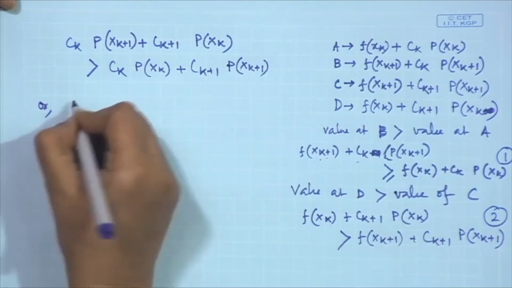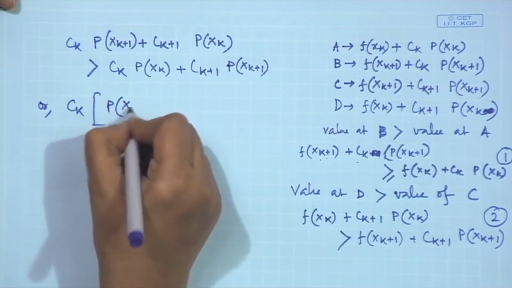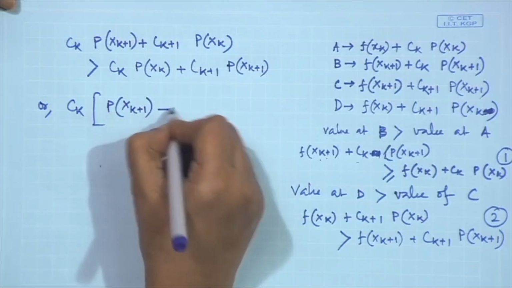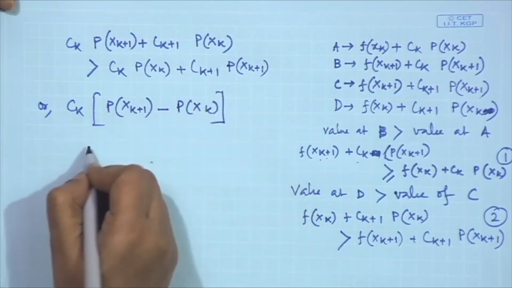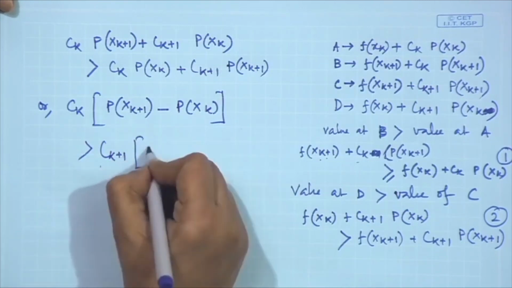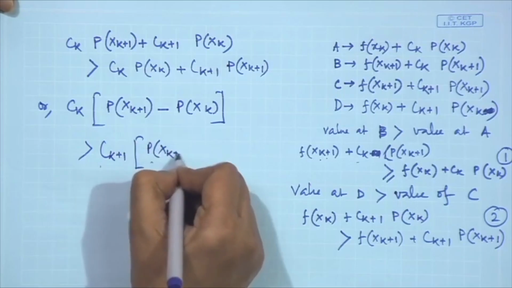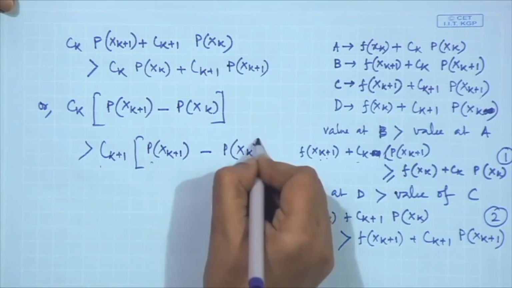Or we can have c_k together, p(x_{k+1}) minus p(x_k), is greater than c_{k+1} times p(x_{k+1}) minus p(x_k).